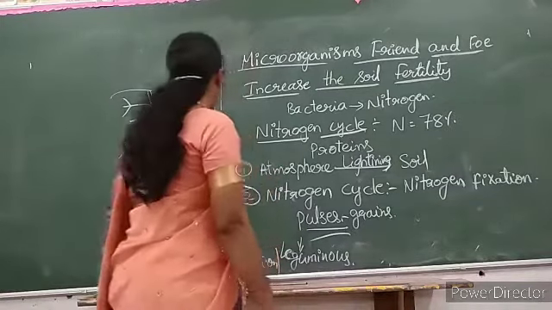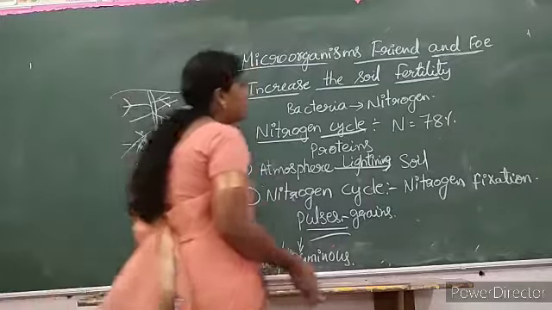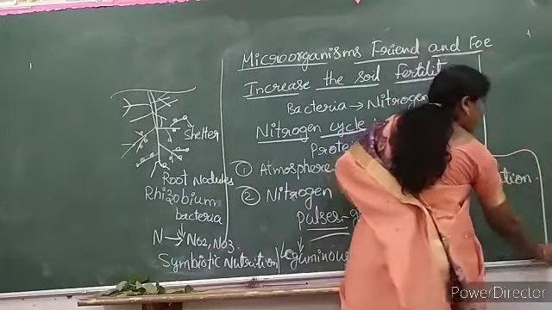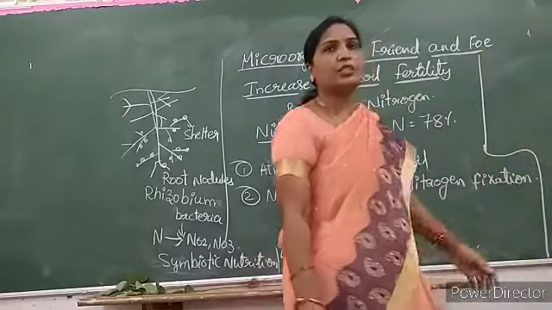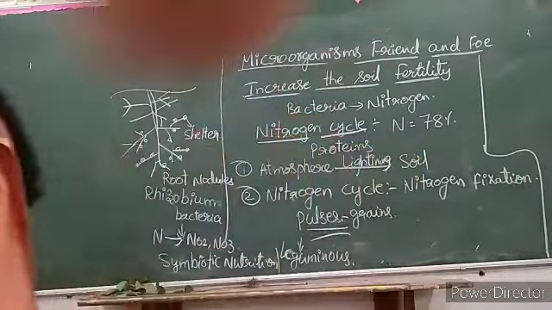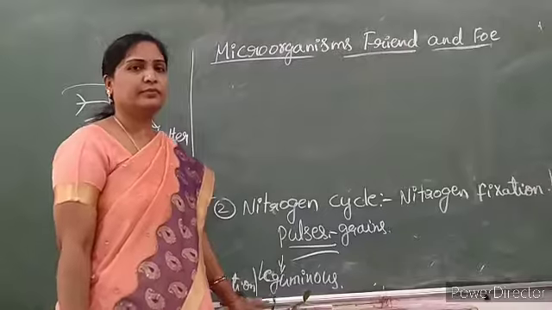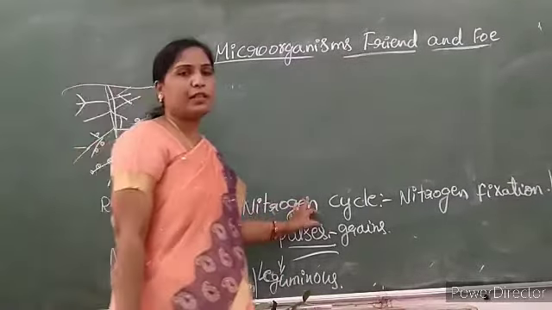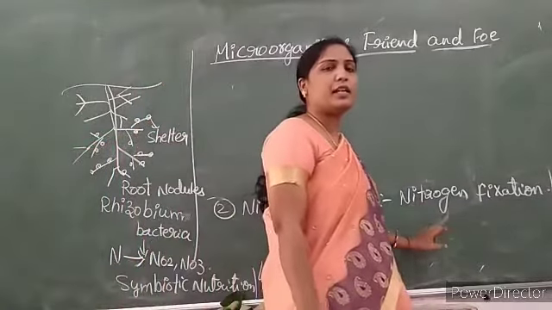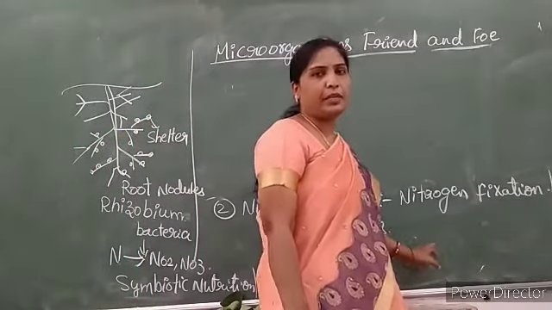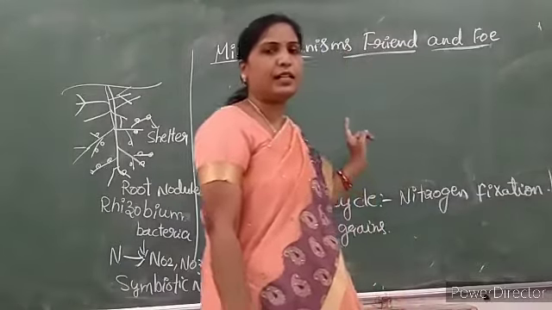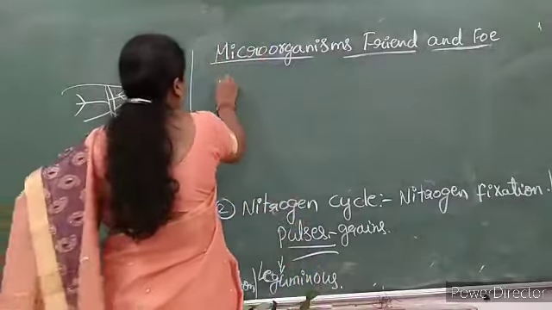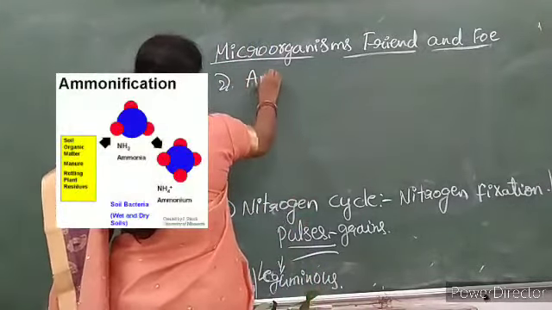Now, next we will see the next step in the nitrogen cycle. In nitrogen fixation, which bacteria is helping? Rhizobium bacteria is helping. Now we will see the next step of the nitrogen cycle, that is ammonification.